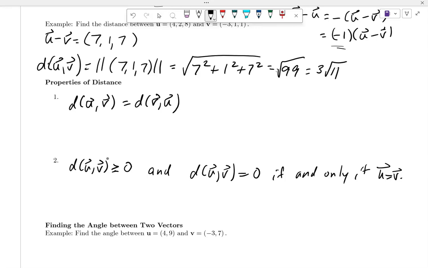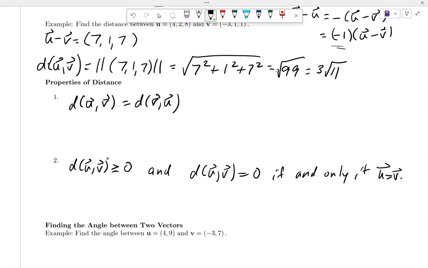Remember, the fourth one said that if you take a dot product of a vector with itself, it's always non-negative, right? That was the first part. Well, distance is defined in terms of length. Length is defined in terms of dot product with itself. So it has to be non-negative, right? So that's why that's true.